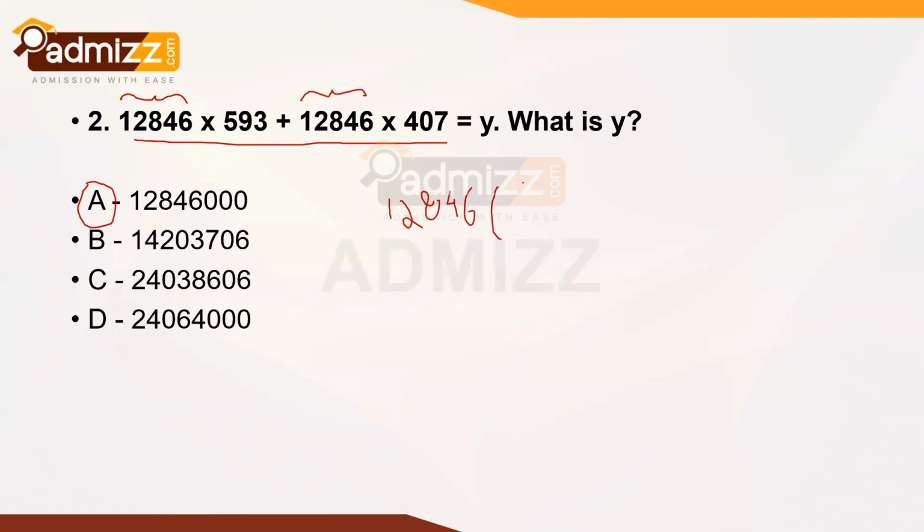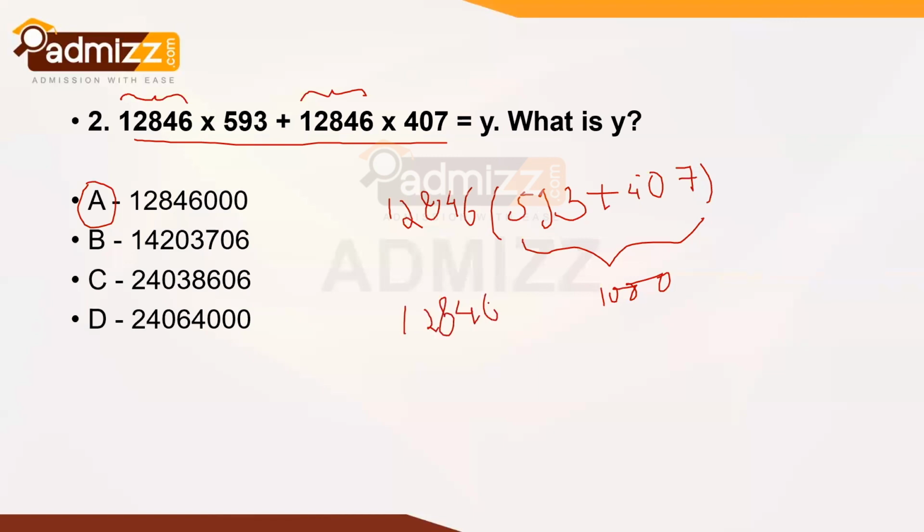So this comes out as 593 plus 407, and this sum is equal to 1,000. 593 plus 407 is 1,000. That's fairly simple. And so we've got 12,846 times 1,000 because bracket indicates multiplication. So this is equal to 12,846,000. Did everyone get this?